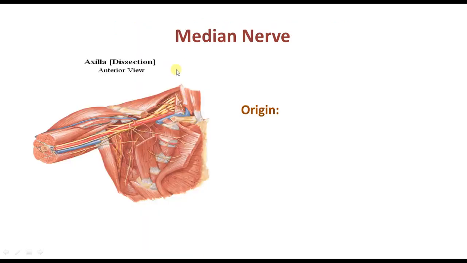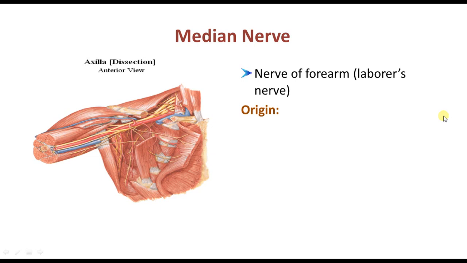Now coming to the median nerve, it is also called the laborer's nerve or the nerve of the forearm. Most of the muscles of the flexor compartment of the forearm are supplied by the median nerve. We have already discussed that the flexor muscles are massive and extensive compared to the extensor muscles because they are anti-gravity muscles.